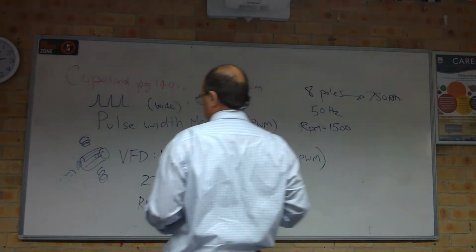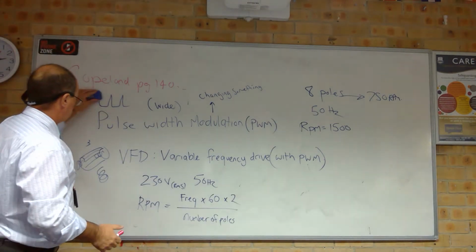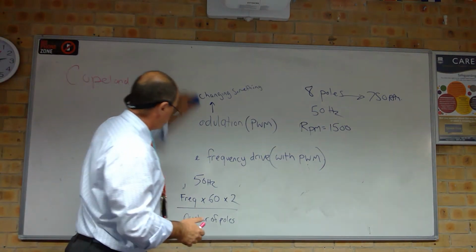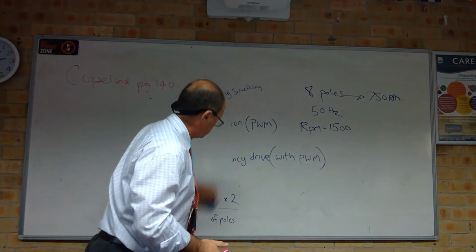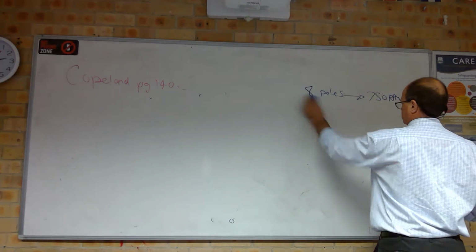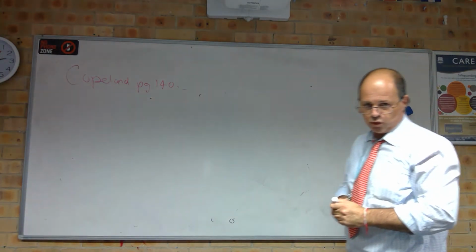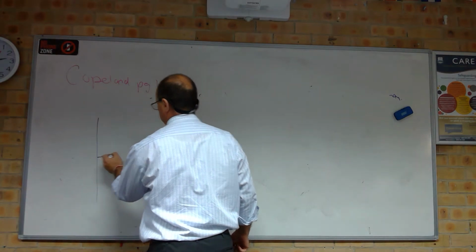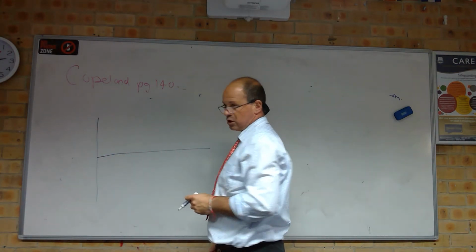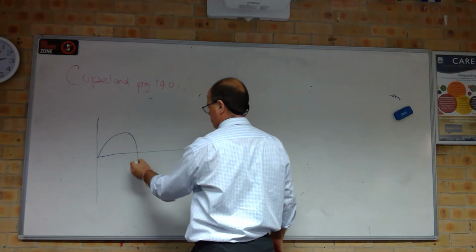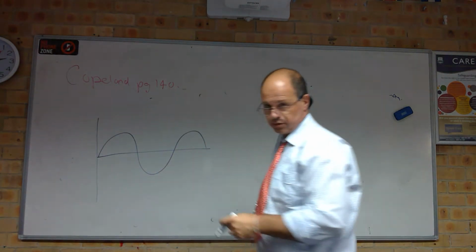So let's just rub this out, and let's talk about variable frequency drive with pulse width modulation. So what we can do is, we've got our input of 230 volts, 50 hertz.